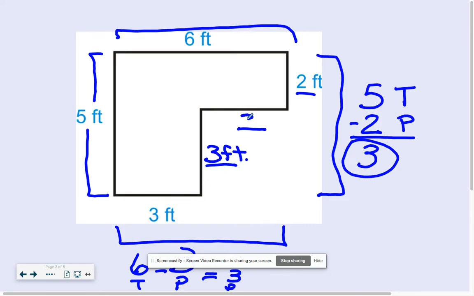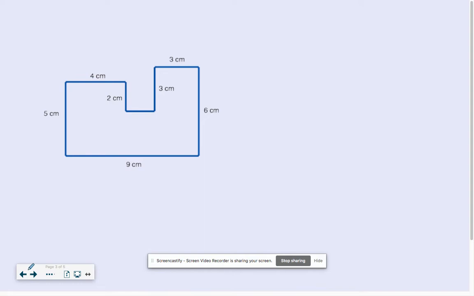So the missing part right here is 3 feet. And that is how we find our missing sides for that. Let's take a look at another example.